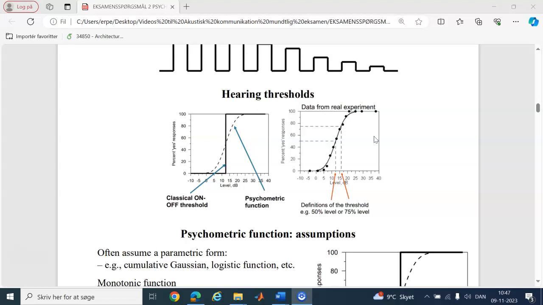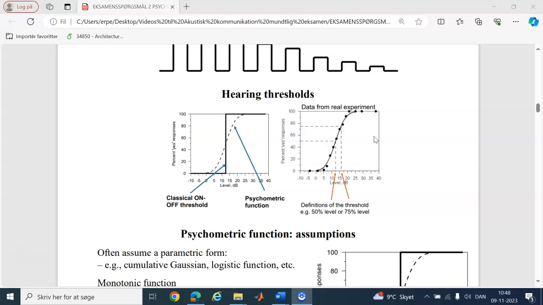Classically we want to find the 50% yes: at which level in dB, for instance, or SNR, is it found? We have some real experiments from the psychometric function, with definitions of the threshold, for instance the 50% level or 75% level, and so on.